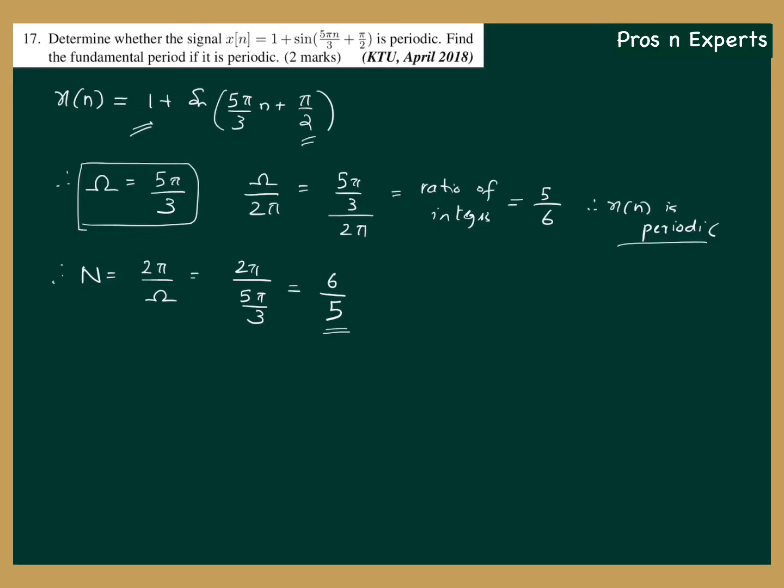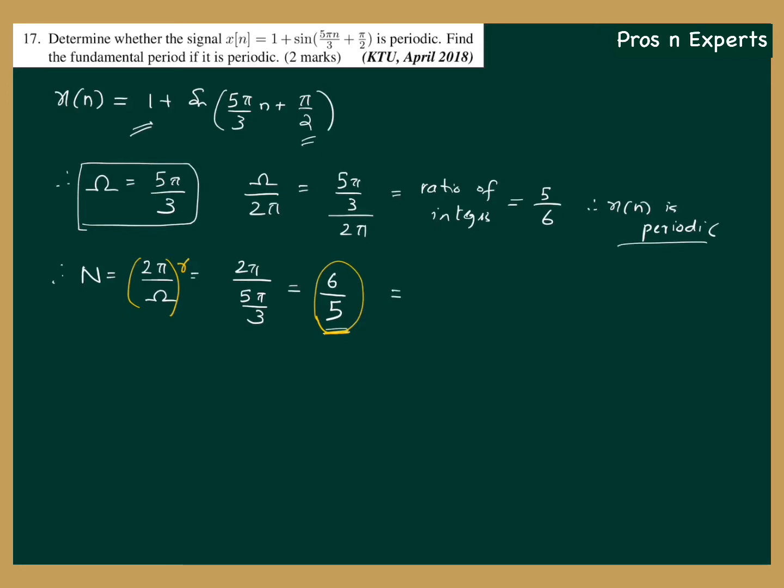So what you missed is there is another provision, n equal to 2 pi by omega into r, and this r is any integer, right? Any integer multiplied by this n value can make the total value an integer. Okay, let me explain.